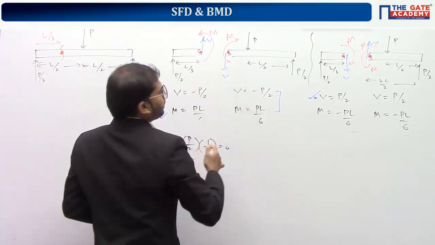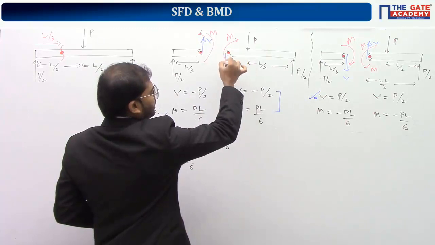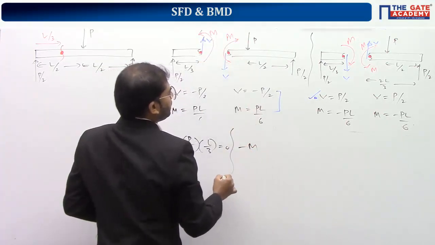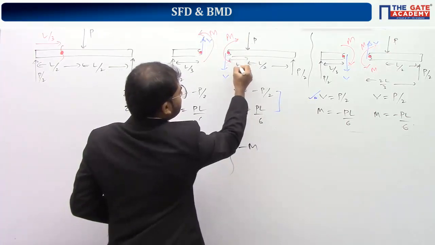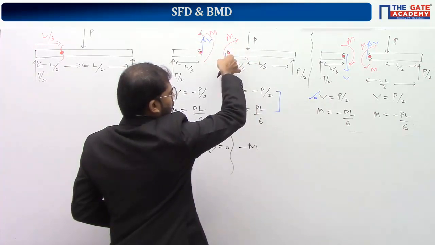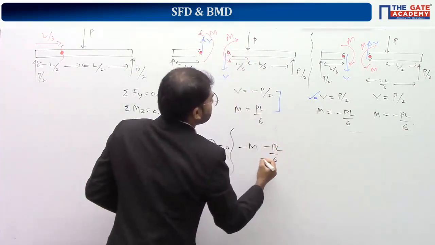The same if you do here. About this point, V will not give rise to any rotation. M is clockwise, so minus M. P acts at a distance of L by 6, giving a clockwise moment, so minus PL by 6.